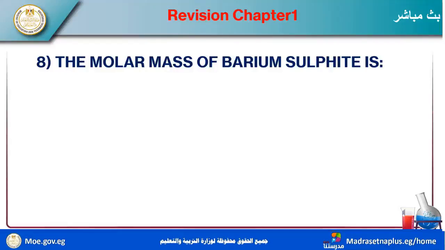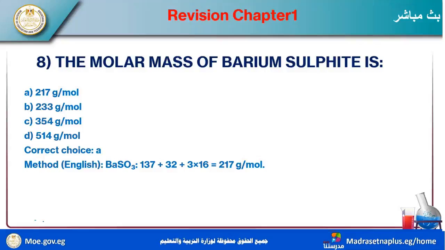Ba equals 137, S equals 32, oxygen equals 16 times 4. Now barium sulfate is 233. How did you know that? Because I am using the way to calculate the molar mass of BaSO4.